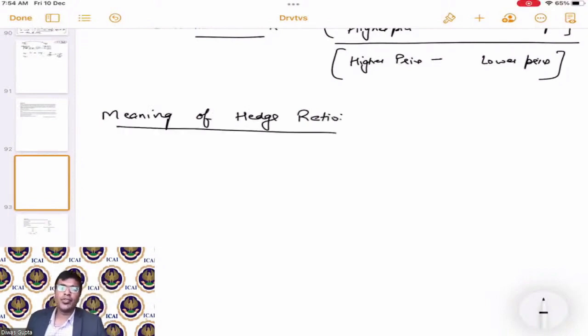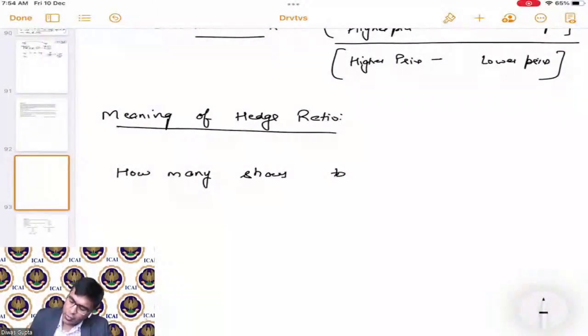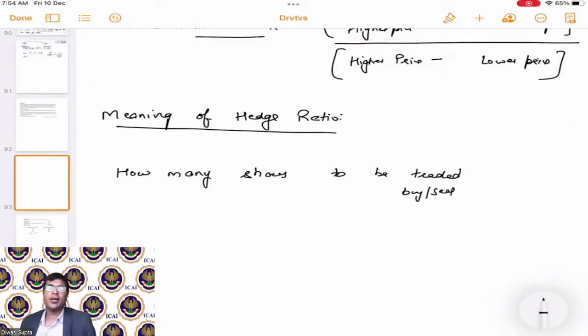So hedge ratio will mean how many shares to be traded. I'm using the word traded. That means buy or sell, because that will depend on what you are doing, whether you are taking a long position in call option or short position in call option.